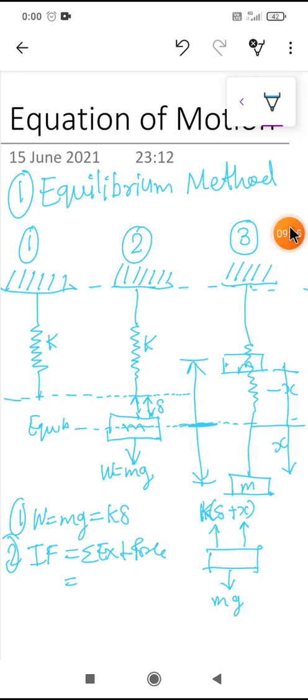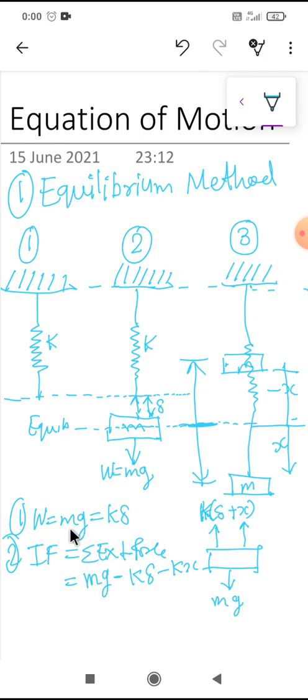Here the sign convention: downward we are taking as positive and upward as negative. The sum of all external forces will be mg, or you can call it w, minus k delta minus kx.